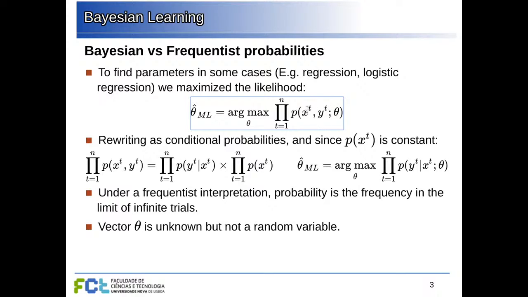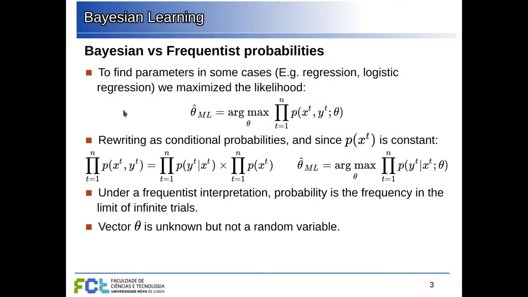We compute the probability of the data and the classes, and this gives us the likelihood of the parameters. So we want to maximize that likelihood. That is to say, we want to find the set of parameters that gives us the highest probability estimated for the data that we have.